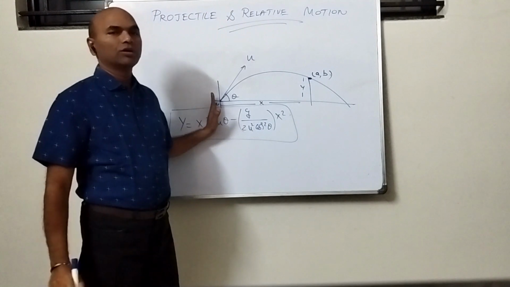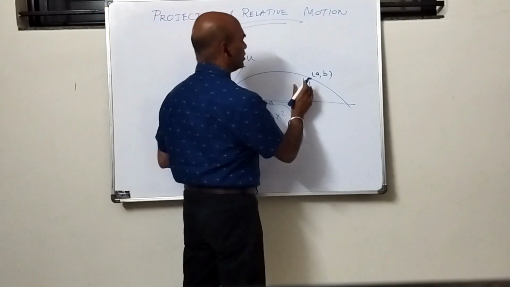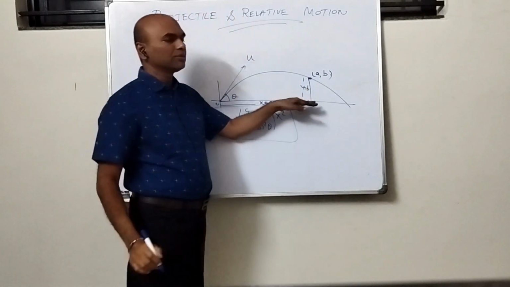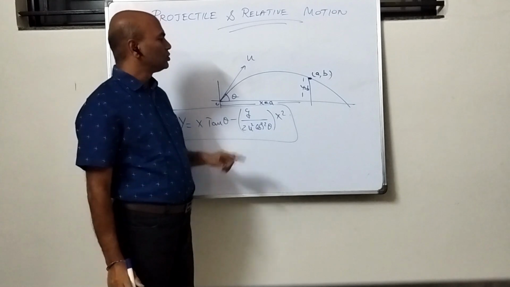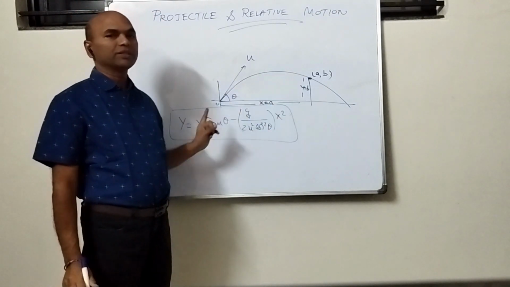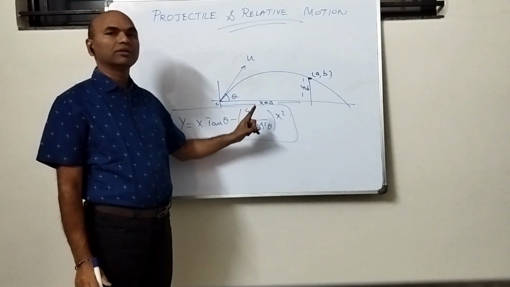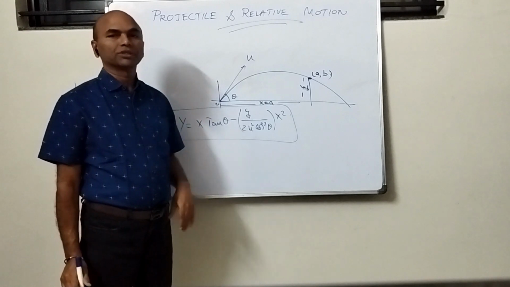That means the horizontal distance x is equal to a and the vertical height of this point above the ground is b, y is equal to b. So if I substitute a in place of x and b in place of y, this equation must be satisfied, where theta is the angle of projection.